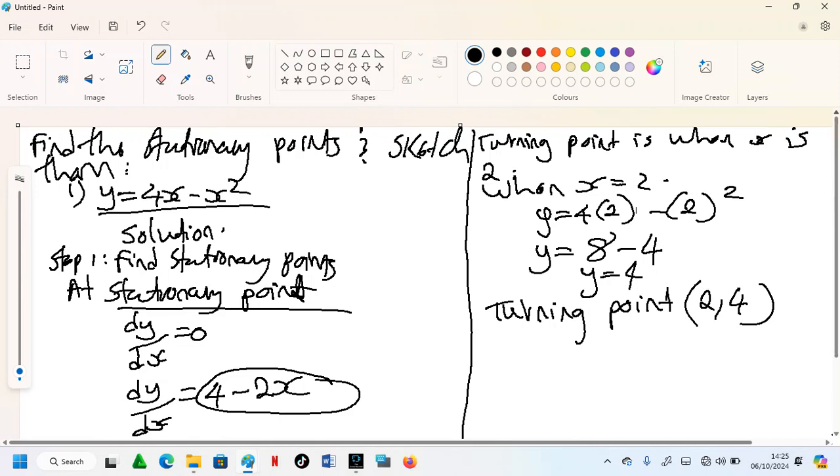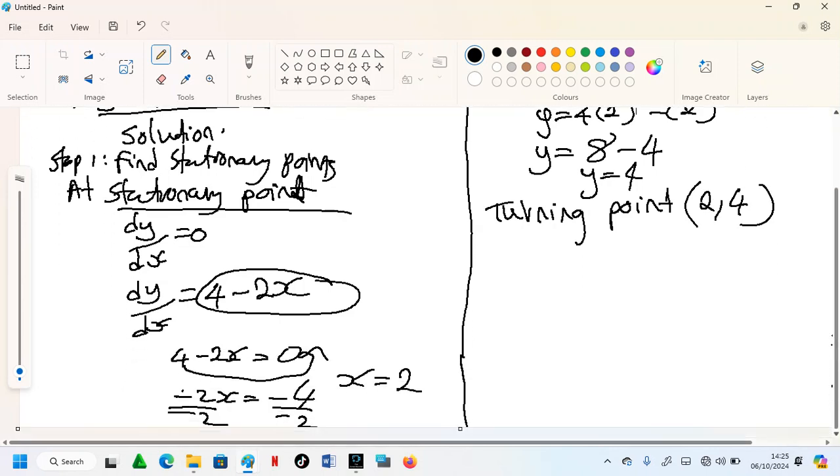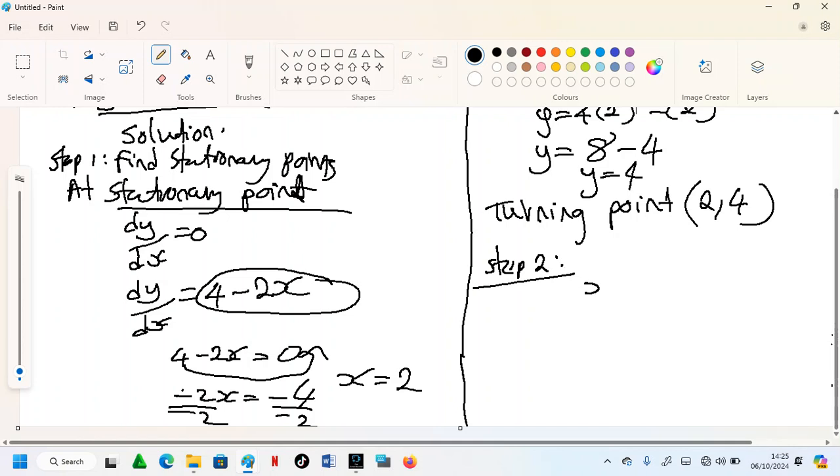So we are going to go to the second part of the question, which is sketching. What we are going to do is simple. We are going to form a table.